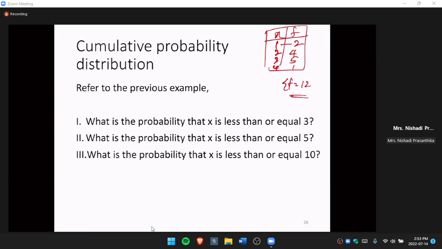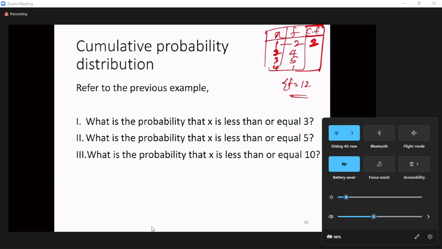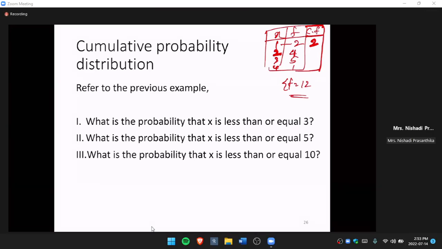Now you have a frequency table, and let's say we want to find cumulative frequency. Cumulative frequency means you have to add the frequencies. When x equals 1, the frequency is 2. Its cumulative frequency is still 2. When x equals 2, the frequency is 4, but the cumulative frequency is not 4.